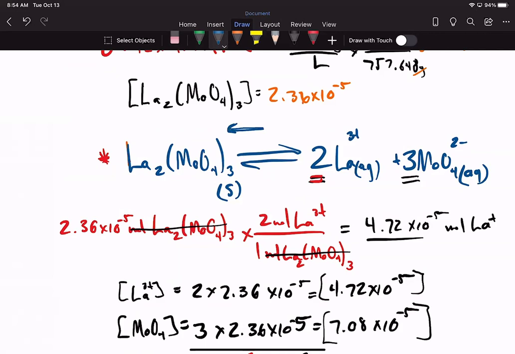I'm sorry, a shift to the left. I'm looking at the arrow left and I said right. We have a shift to the left. We're going to make a precipitate. If we have a shift to the right, we're not going to have a precipitate. Whatever we put in there is not going to precipitate out a solid.